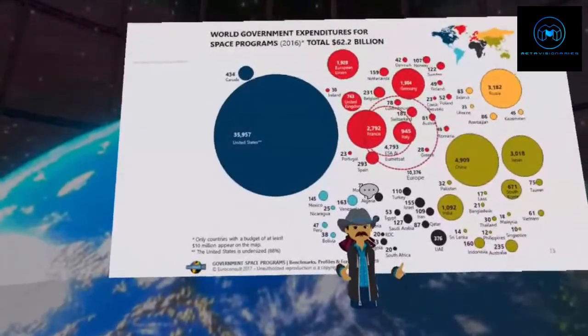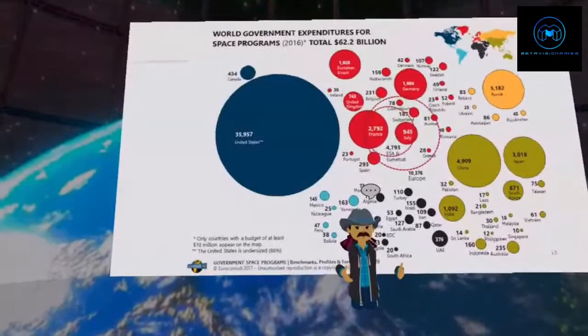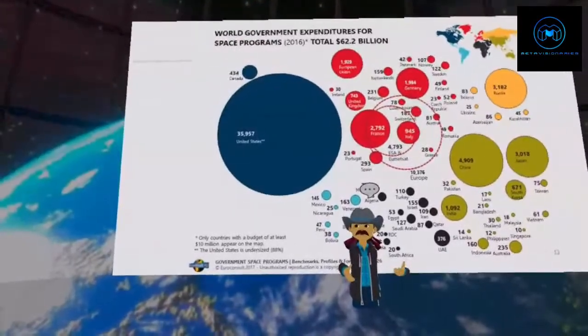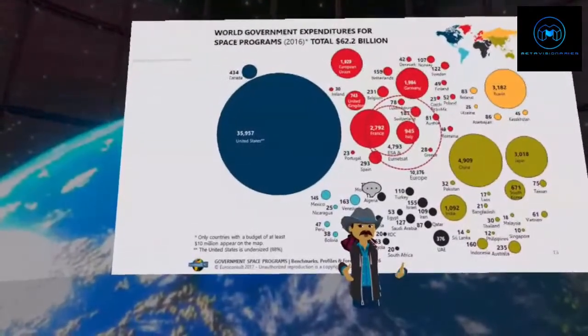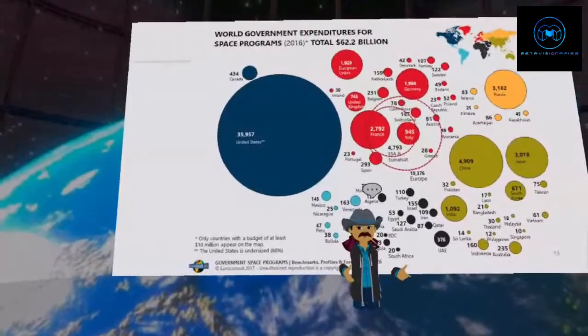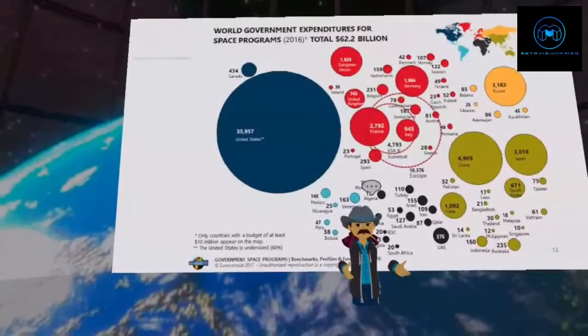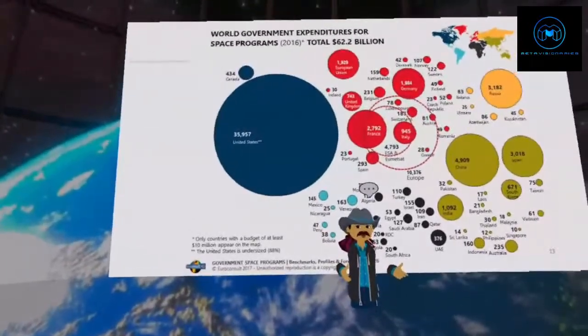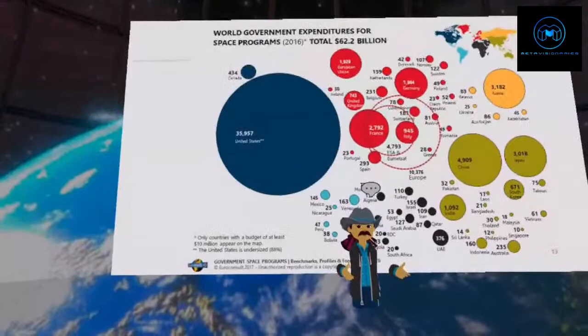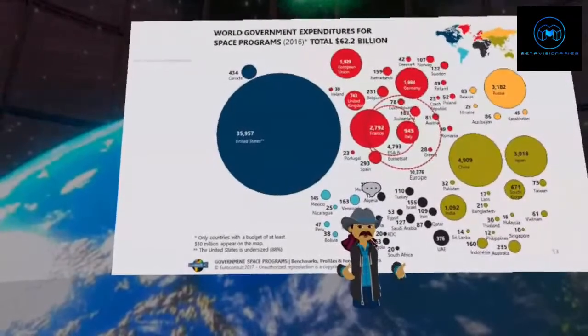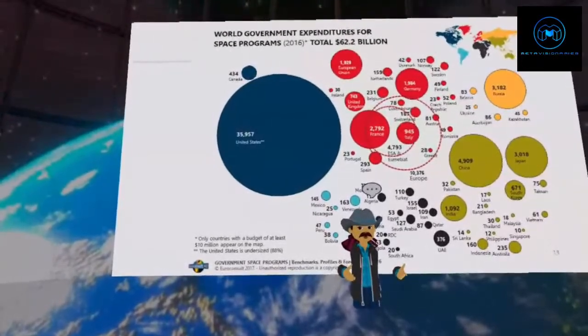This is an interesting slide. It's a bit old, 2016, but this shows an approximation of the world government's expenditures on space. And the total is about 62 billion US dollars. You can see clearly the United States has by far the largest program.